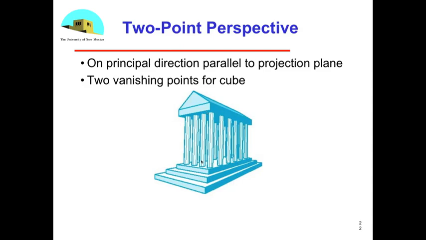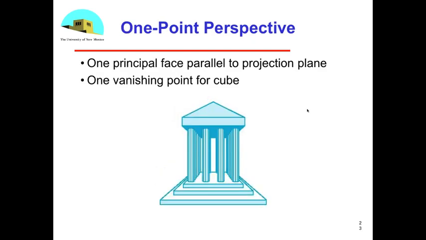In this example, there's no convergence of lines going up and down, but for the other two directions there's a vanishing point out here and another out here to the right. And the 1-point perspective preserves angles in one principal face, that is, where the projection plane is parallel to that face, and there's only a single vanishing point in this example.